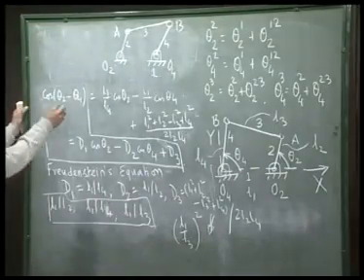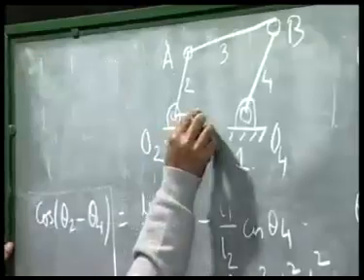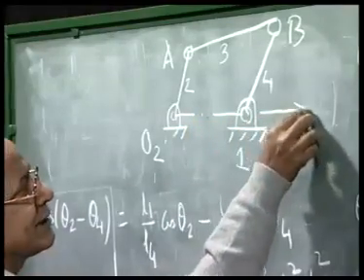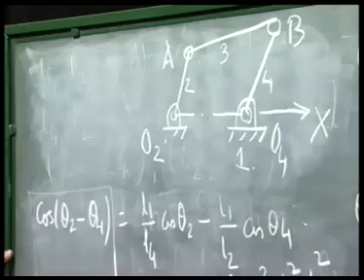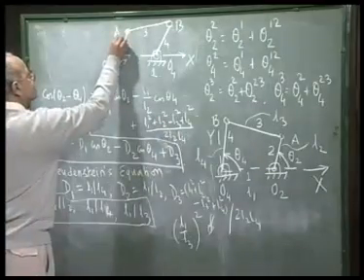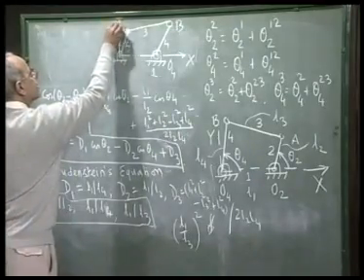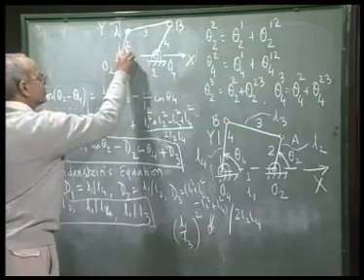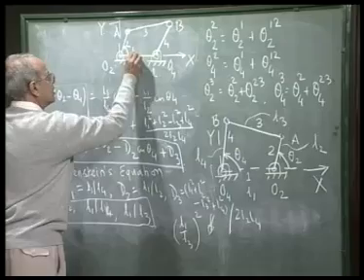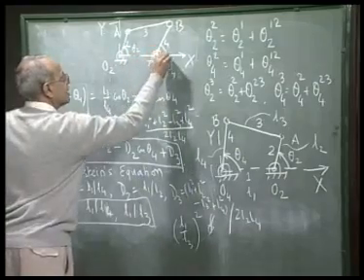It is easy to see that in such a situation, I take my x-axis again along the fixed pivots, that is along O2, O4, and y-axis perpendicular to that. This is theta 2 and this angle is theta 4.